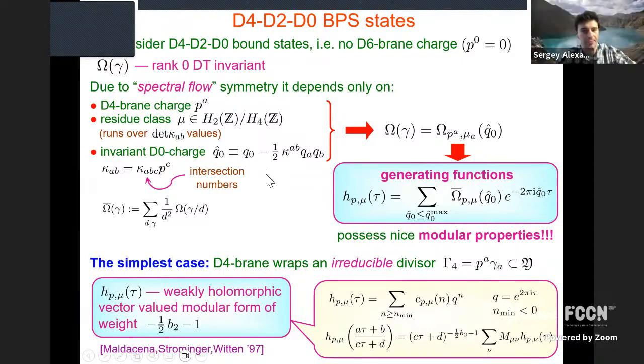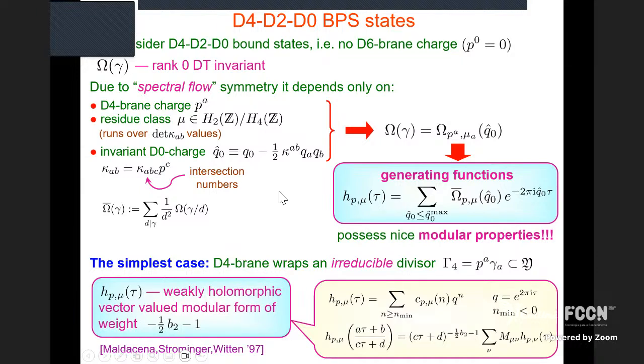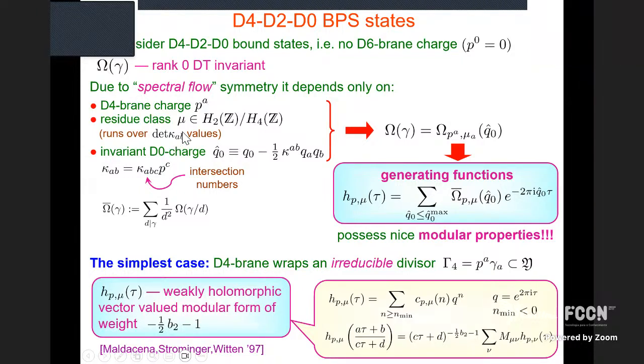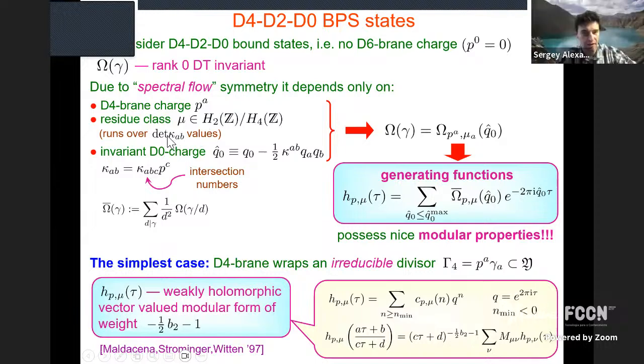Okay, and the cardinality of this residue group is then just the rank of H4 minus the rank of H2, or? No. You have to compute the determinant of the quadratic form assigned to your lattice, and the claim is that the cardinality of this residue group is equal to the determinant of this quadratic form.